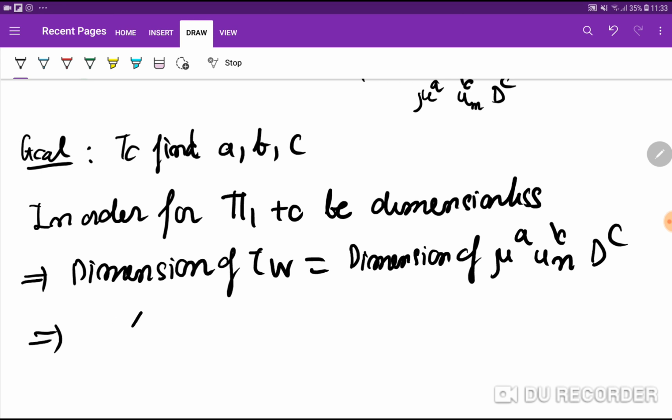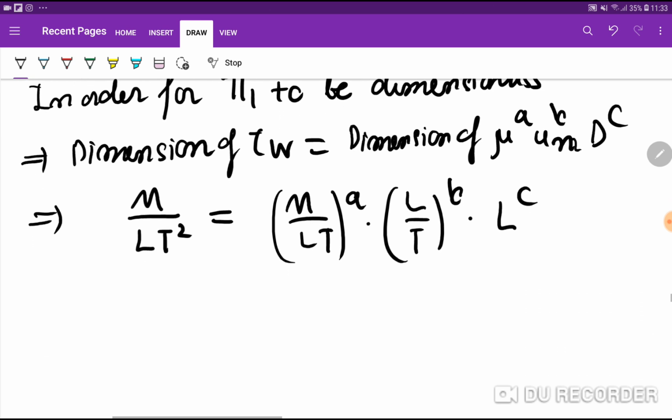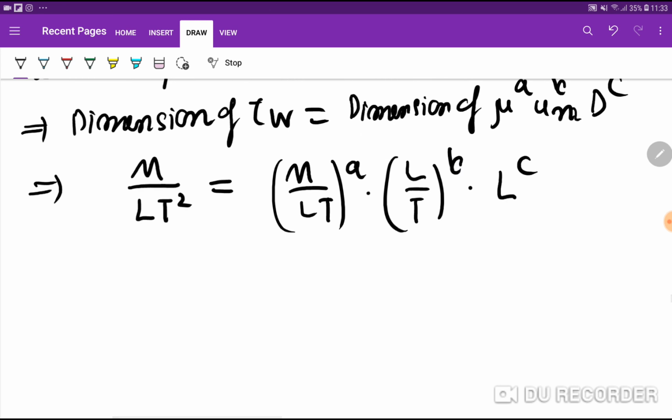Like we demonstrated above, it is M over L t squared, equal to M over L cubed to the power of a times the dimension of mu, which is M over L t, to the power b, times L to the power c. L is the dimension of diameter d.